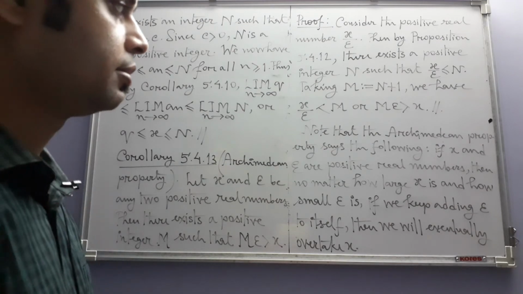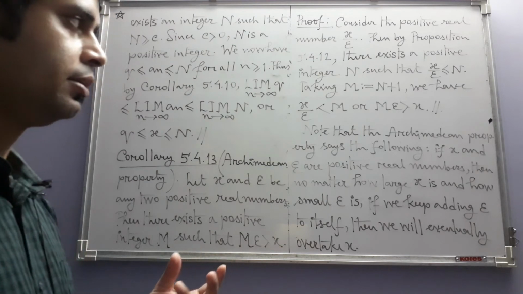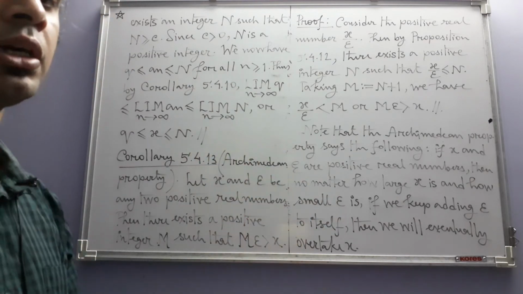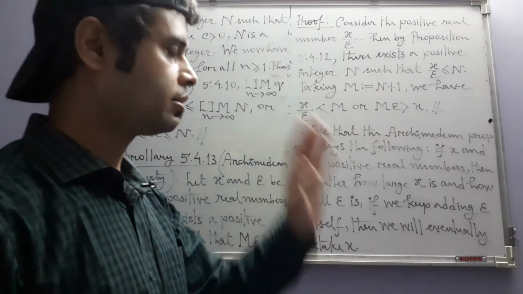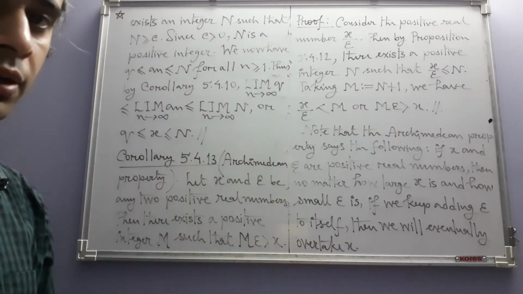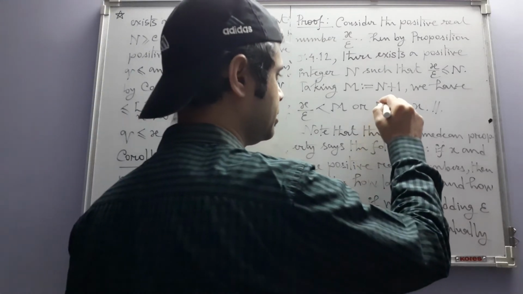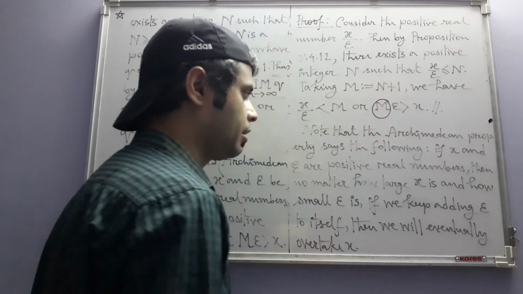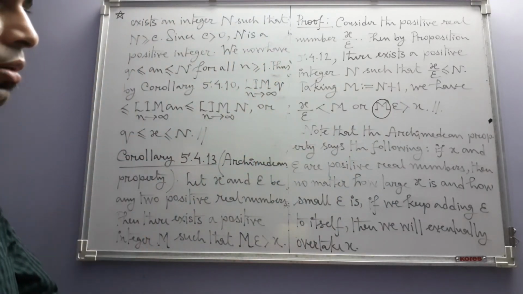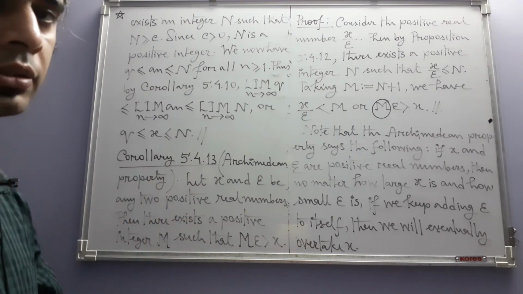This result, the Archimedean property says that even if x is extremely large, say 10 to the power 100, and epsilon is extremely small, say 10 to the power minus 1 billion, that small, still there is a positive integer m so large that if we multiply m with epsilon, then the product will be greater than x.